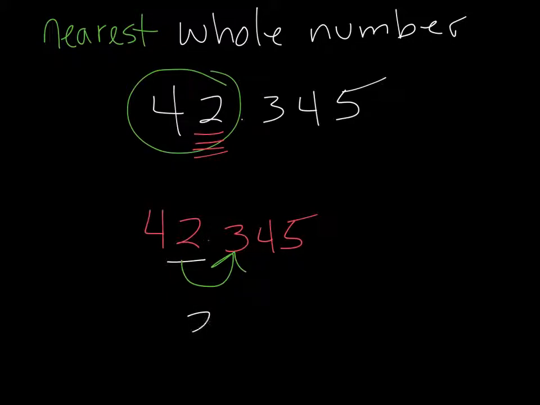So the 2 will stay the same because of its partner. And everything after the 2 will become a 0. That includes all my 3 decimal numbers. And everything before the 2 will stay the same. So it will remain 42 and 0. We don't need any of these zeros, so we can just leave it at 42. It's much easier than saying 42 and 0 thousandths.